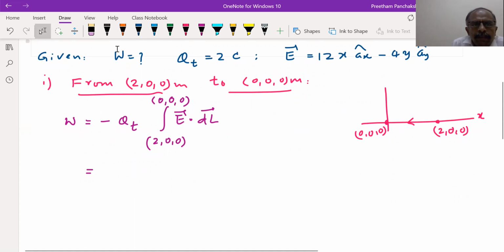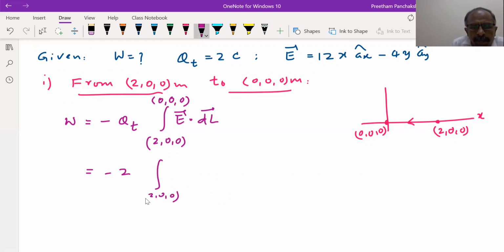Now let us put the values given here. Charge 2 coulomb. The integration is from the same points. The electric field we shall copy, that is 12x a_x minus 4y a_y, dot dl.